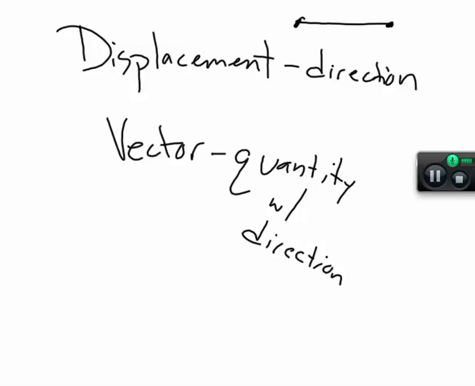So displacement is considered a vector because it's distance with direction. Alright? So we could say 50 miles, or we could say 50 miles east. Whereas 50 miles east is going to be our displacement. So adding that east makes it a displacement rather than a distance.